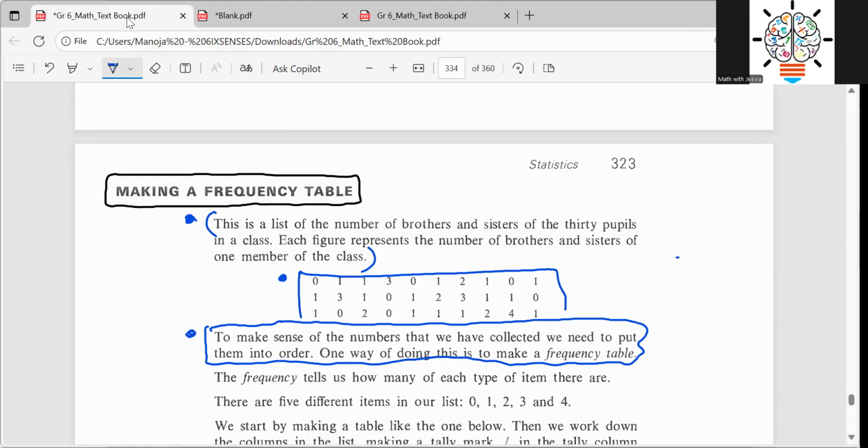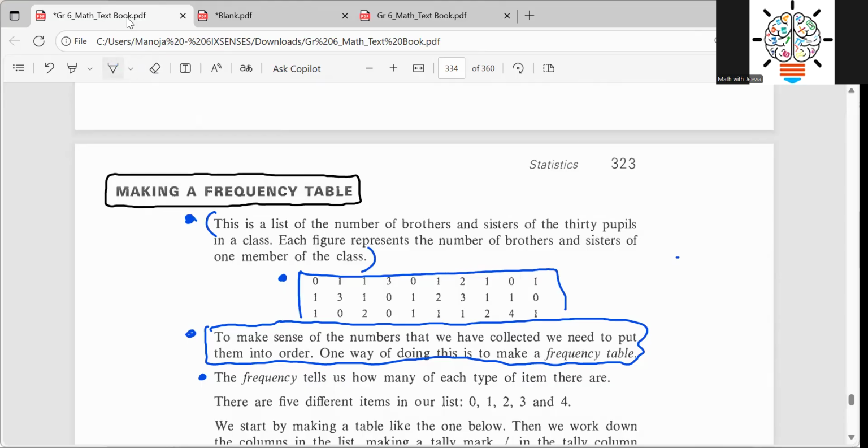We do have different ways to do this, but one way of doing this is to make a frequency table, right? The frequency means how many. The next point: the frequency tells us how many of each type of item there are.